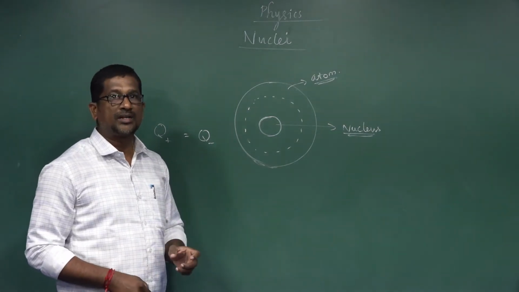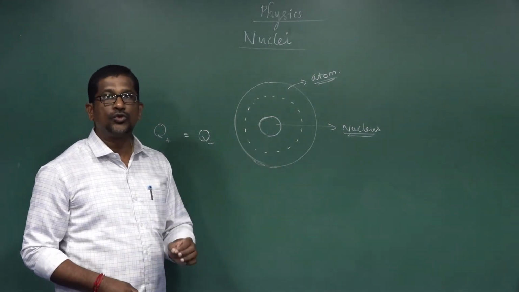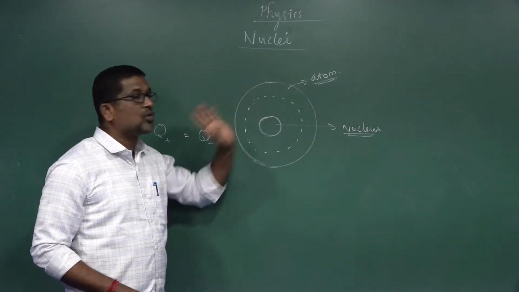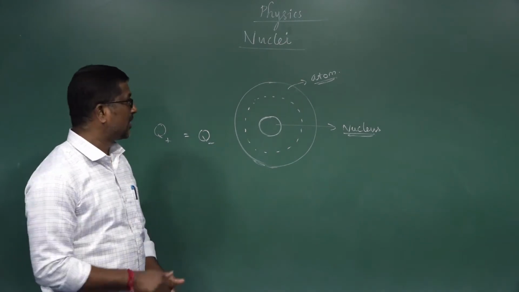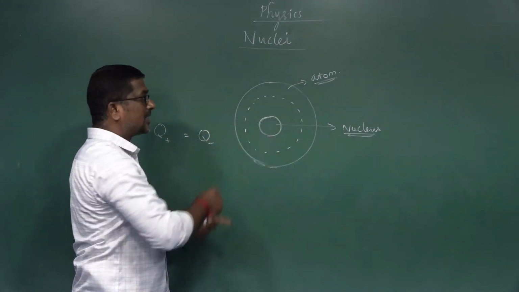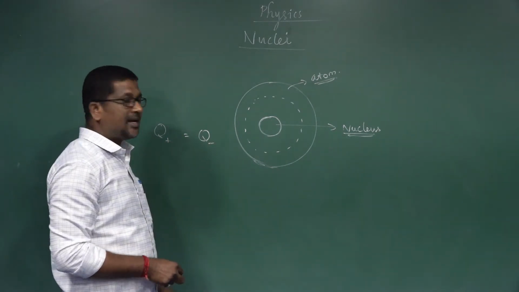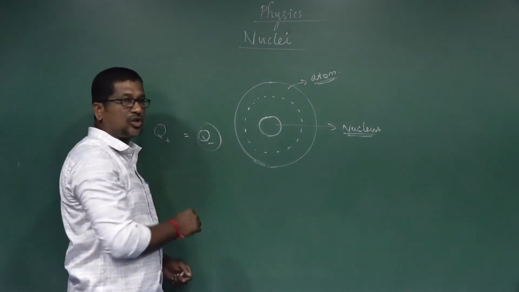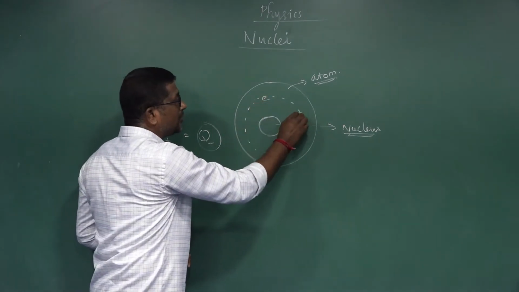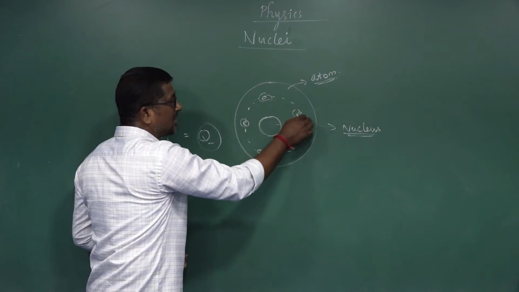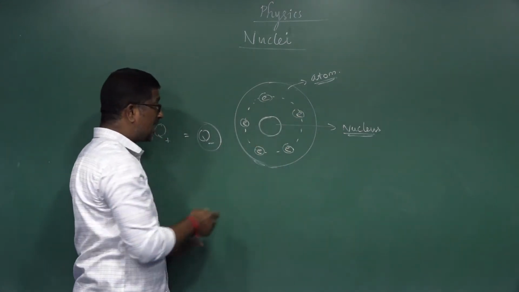So from the alpha particle scattering experiment, Ernest Rutherford discovered the nucleus. The nucleus is nothing but the central core of an atom. Already I told you an atom is electrically neutral because it contains equal amounts of positive and negative charges carried by electrons, which revolve around the nucleus in circular orbits.